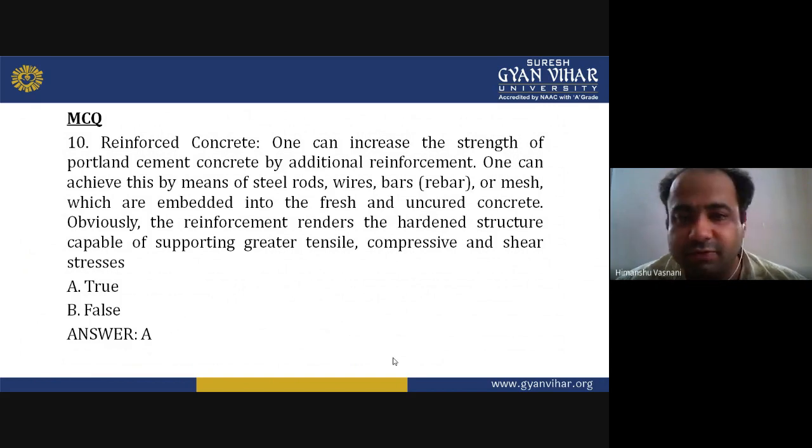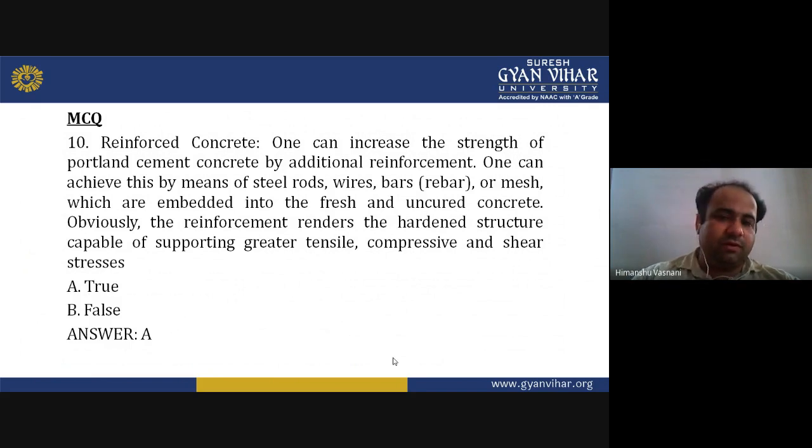So obviously, the reinforcement renders the hardened structure capable of supporting greater tensile, compressive, and shear stresses. Understand the statement, and then you will understand the main crux of this.